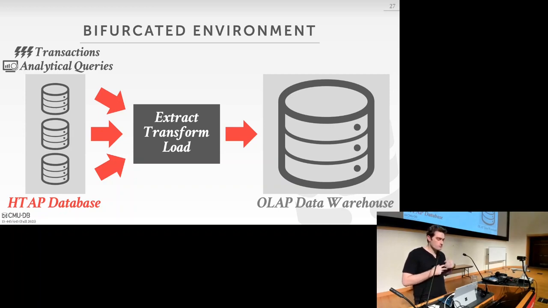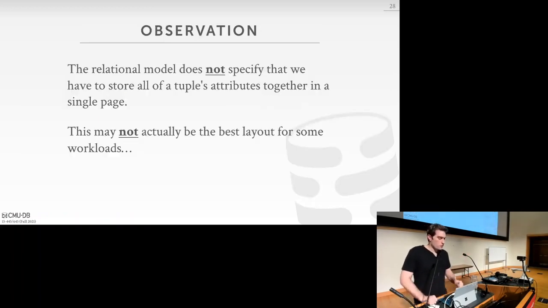So why is all of this important? Why does it matter that we have these different types of workloads? Well, if you think back to the relational model, it doesn't really specify how we store the data. It gives us certain rules and requirements for the different operations we should be able to perform on the data, but it doesn't tell us how physically we need to store the data.